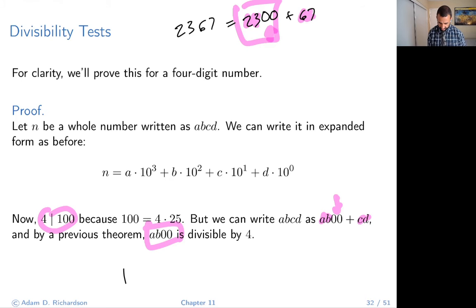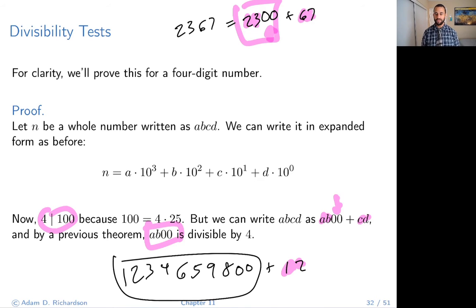Even if I wrote something like 659,812, if you shave away the last two digits and write it as a multiple of 100 plus that, it's guaranteed to be divisible by 4 because it's just a lot of hundreds. It works no matter how long the number is.